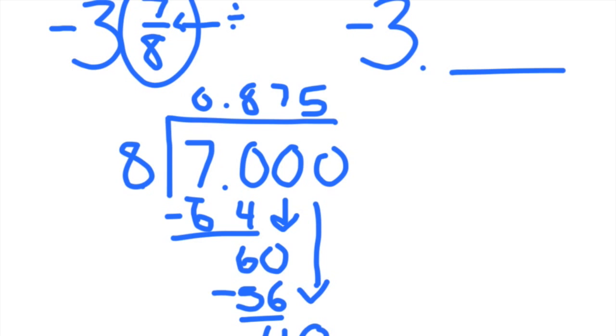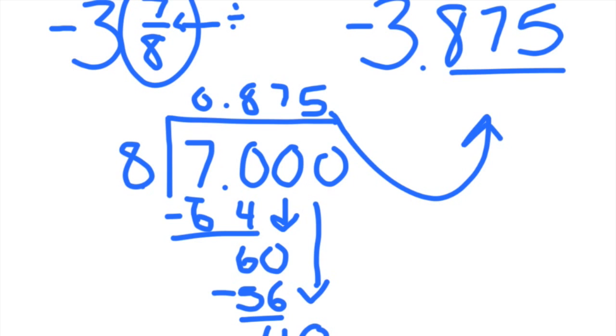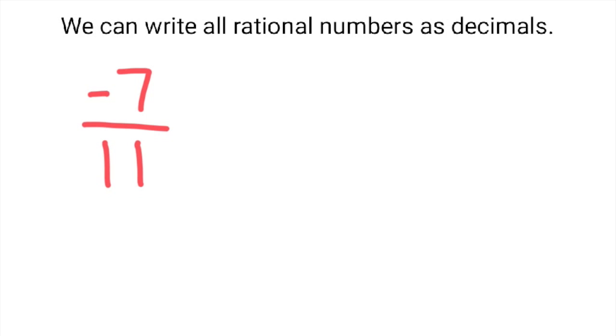So we have the decimal 7/8 is equal to 875 thousandths. And so then we just take that decimal and put it here. So negative 3 7/8 is equal to negative 3 and 875 thousandths.